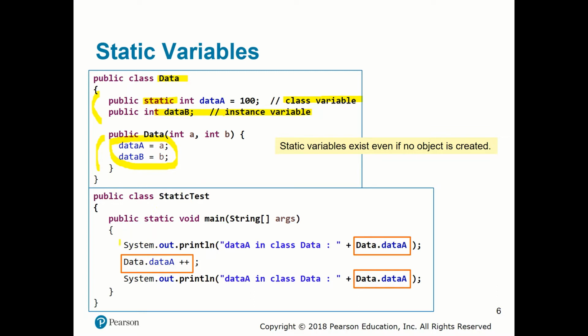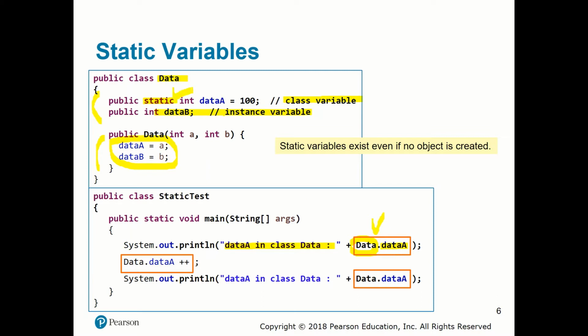And here is the main method. If we run this code, dataA in class Data will be printed out first. See here, this is important: dataA is called with the class name, Data dot dataA. DataA is a static member.